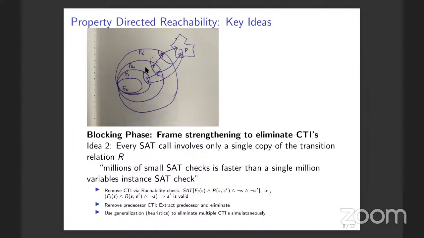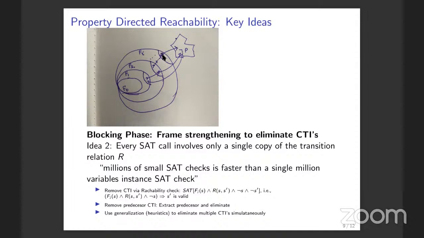Each of these F_i, after these counterexamples are eliminated, would have all counterexamples to induction of I eliminated. So when it introduces a new frame, what are the counterexamples to induction in the new frame? When it extends this, those are states that get you to a not P state. So that needs to be eliminated.